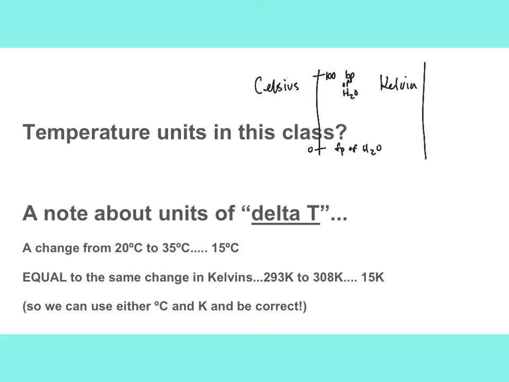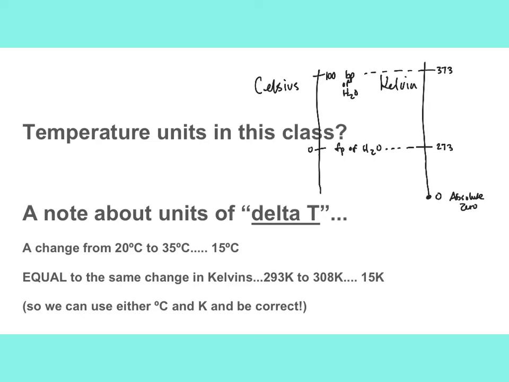The Kelvin scale is very similar to the Celsius scale. It has those same two reference points, except they are skewed by 273 degrees. And in the Kelvin scale, the lowest temperature is 0, which we call absolute 0.